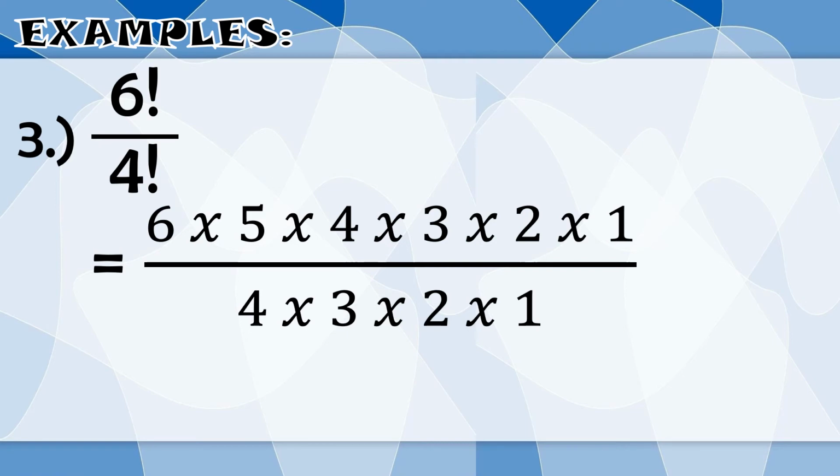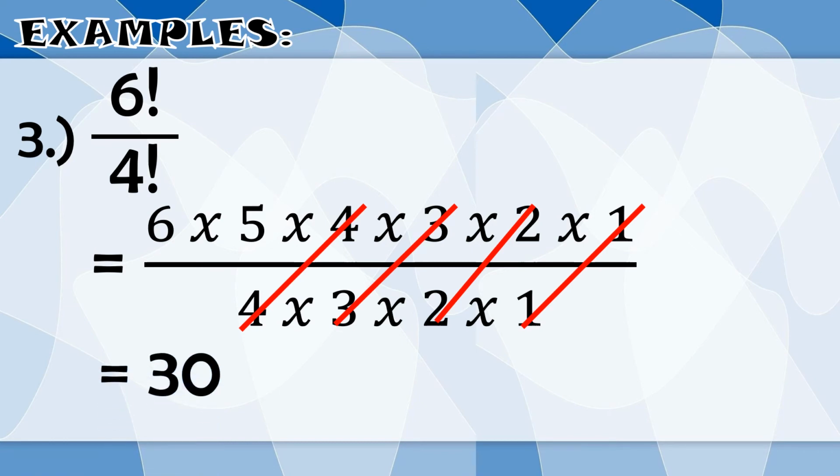But you can see here that the numbers 4, 3, 2, and 1 are the same as our denominator, so we can cancel 4, 3, 2, and 1. After that, you can see here that the remaining number is 6 multiplied by 5. So the answer is 30. Final answer is 30.